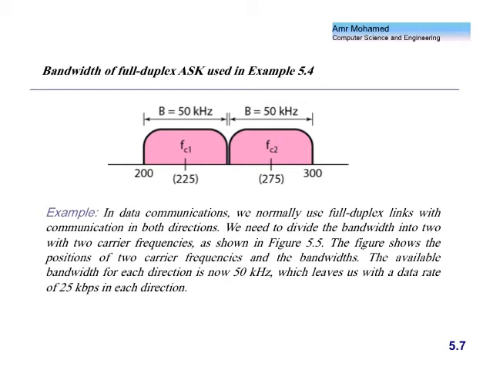So on each direction, I can send only 25 kilobits per second, because the bandwidth of each one will be 50 kilohertz. So this 50 kilohertz equals 2s, and s is n. So the bit rate on each direction will be 25 kilobits per second.